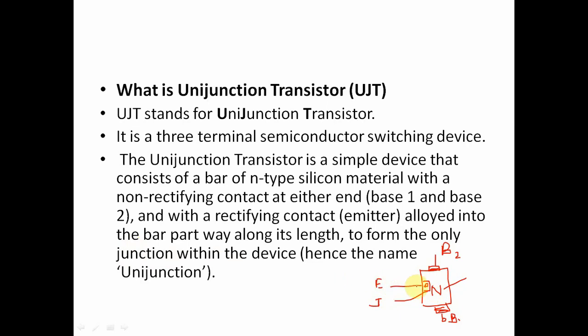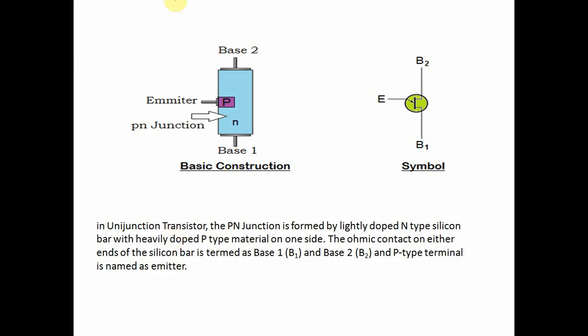A unijunction transistor has only one junction, in between P-type and N-type semiconductor. Now this is the basic construction diagram. Here is base 2, this one is base 1. These two are the ohmic contacts. Here the emitter is connected with the P-type material, which is heavily doped, and the n-type silicon bar is lightly doped.